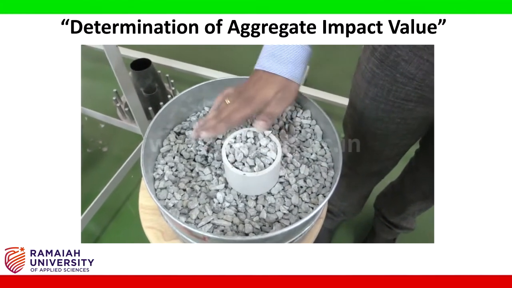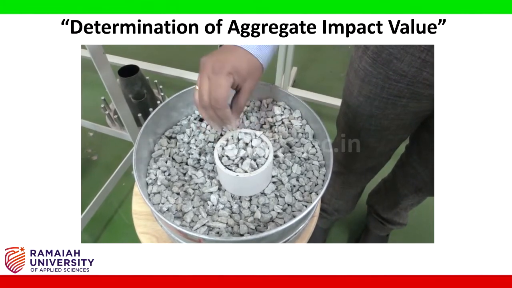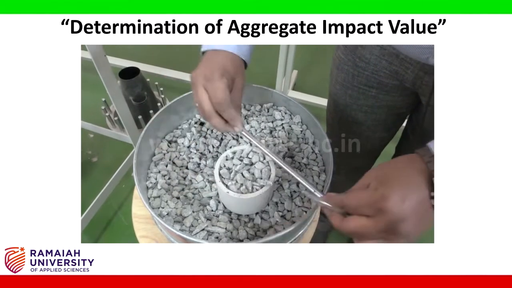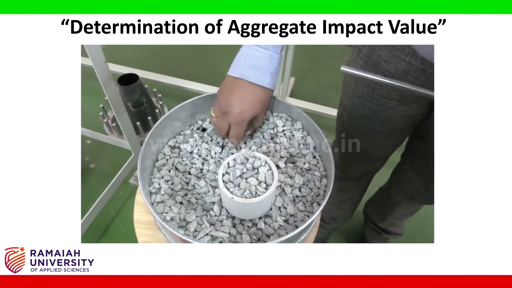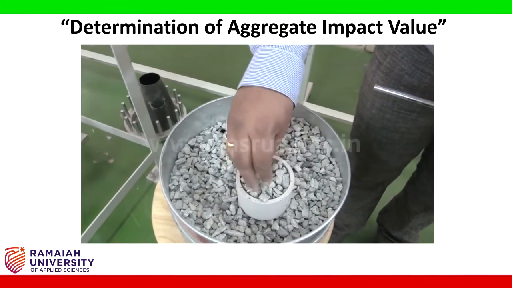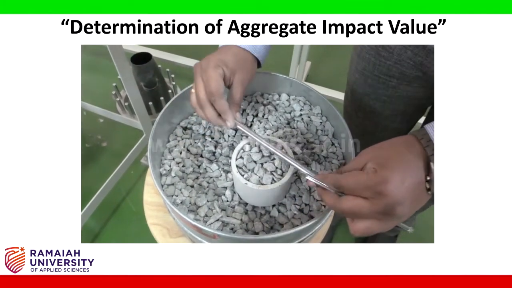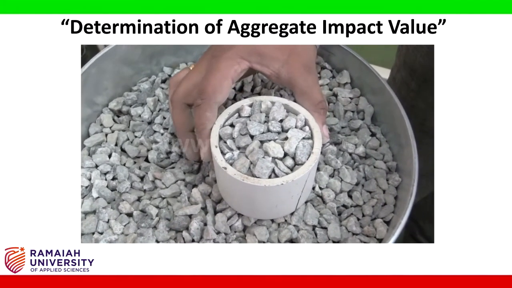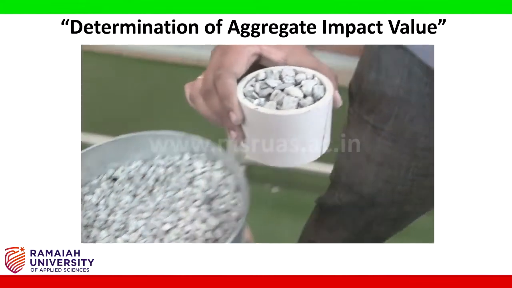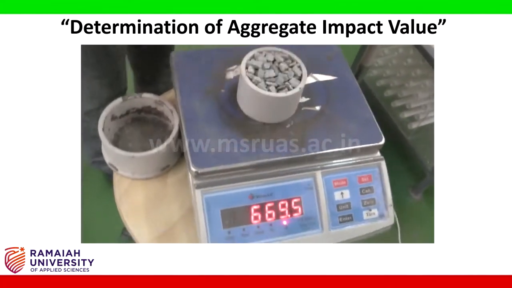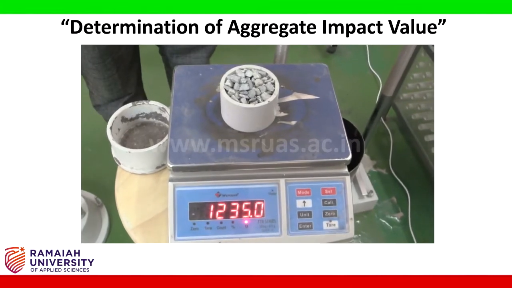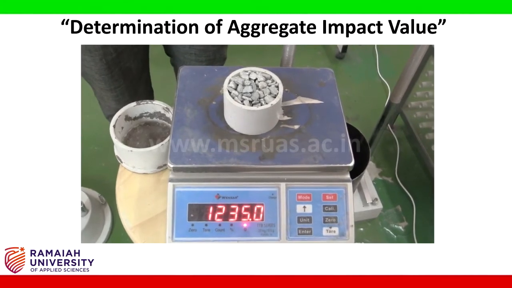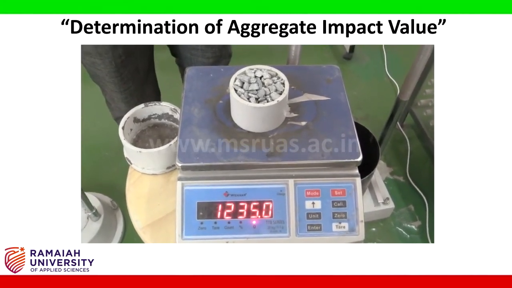After giving 25 tampings, add the material and scoop out the excess material. Make sure that the mold preparation is done. After making 3 layers in the measuring cylinder, take the weight of aggregate plus measuring cylinder. Let this be W2. The difference between W1 and W2 gives you the weight of aggregate taken.